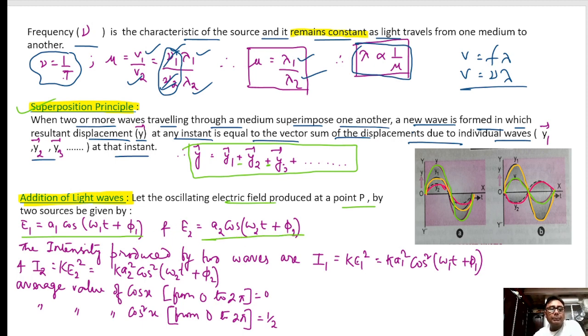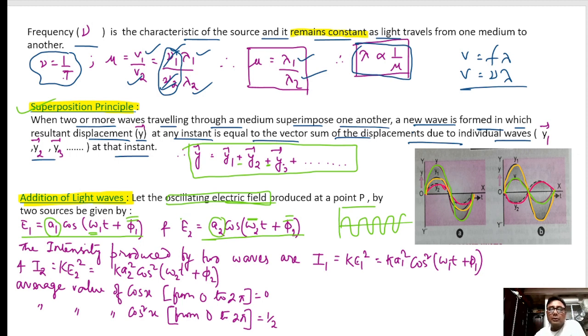So this is the amplitude of the first wave, amplitude of the second wave, frequency of the first wave, frequency of the second wave, phase of the first wave, phase of the second wave, and these waves are produced by an oscillating electric field. Mind it, that means there is an oscillating electric field which is producing two waves.